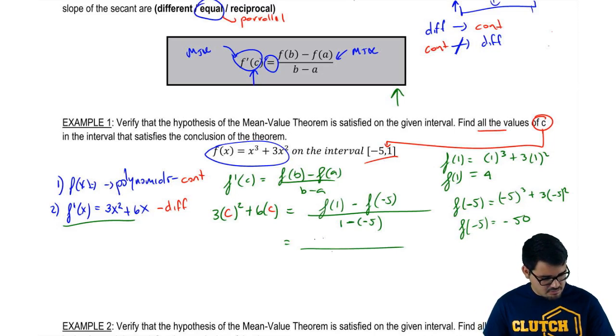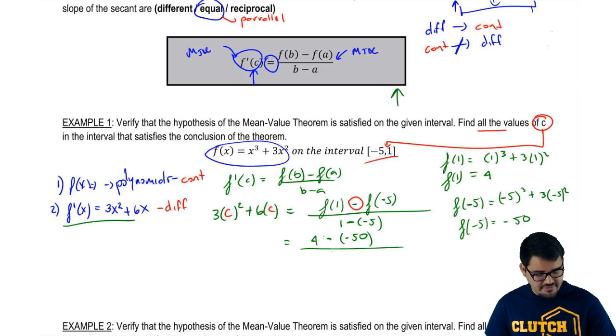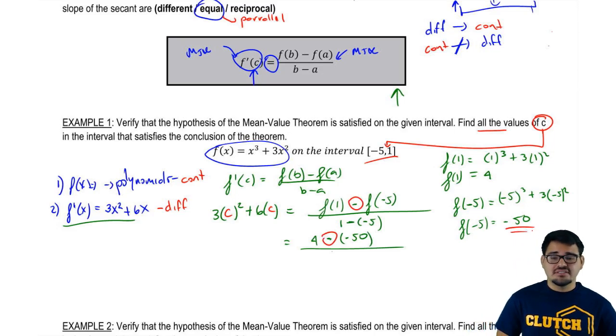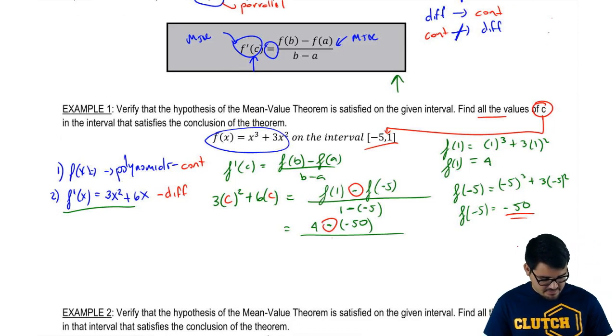So now let's input that in here. It's going to be 4 minus negative 50. It's very important to make sure that we have the negative here and don't mess up that negative 50, because that could ruin the whole problem. And then on the bottom, we're going to have a double negative. You see how we have 1 minus minus.